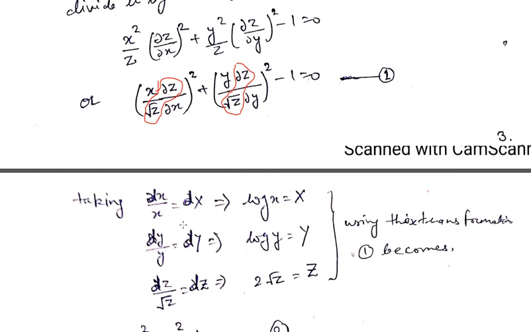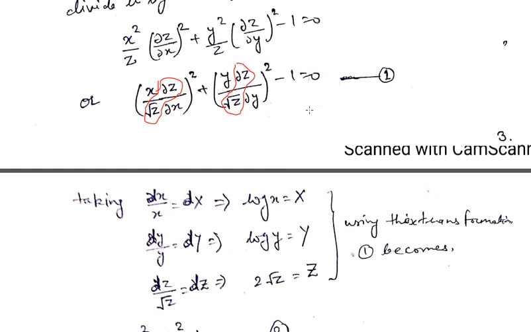Del x upon x is equal to d of capital X. Similarly dy upon y is equal to d of capital Y. So when we use such a transformation, we get capital X is equal to log x, capital Y is equal to log y, and capital Z is equal to 2 root z. When we integrate it, we get this transformation.